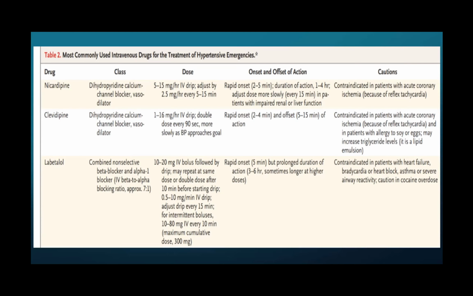Now, when it comes to the choice of agents, this is a really useful chart because it tells you what intravenous agents are available, what their onset and offset of action is, and more importantly, what their contraindications are or where it warrants caution. For example, the first two medications, nicardipine and clevidipine, fall into the same category.